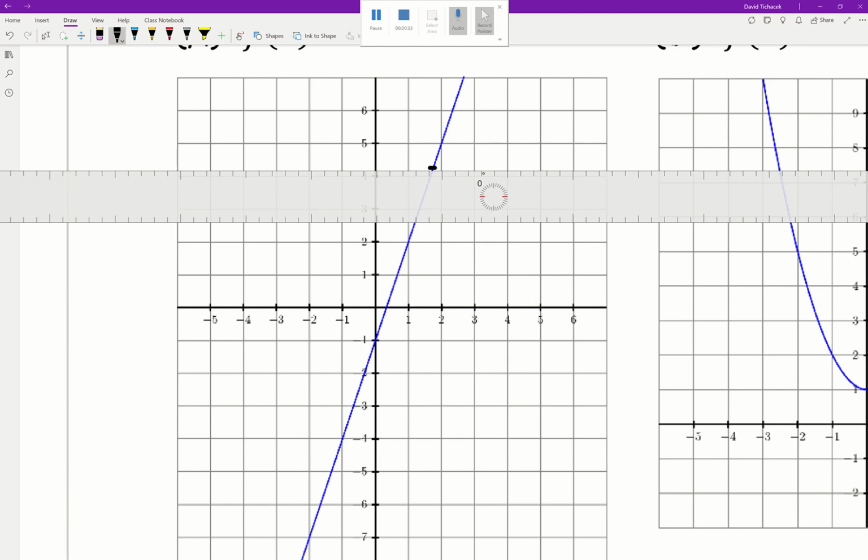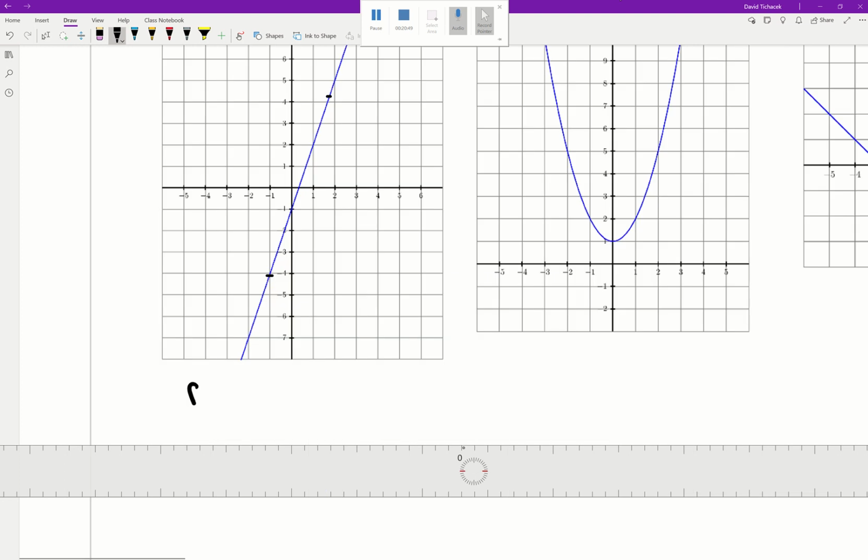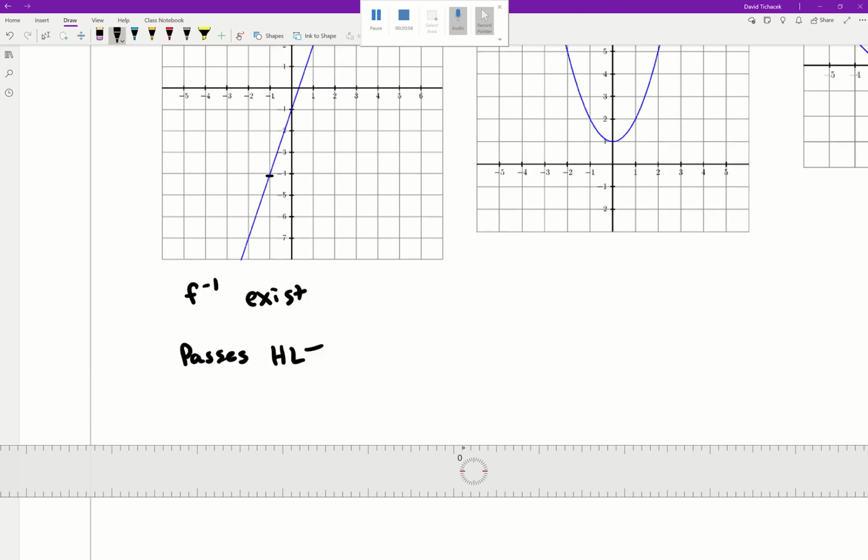If I continue to scan this through, keeping it perfectly horizontal, the only place I'm crossing is right there. I can never drag this ruler somewhere so that it's touching this graph in two places or more at once, okay? And so that means this is an example of a function that has an inverse. So I'll say that f inverse is going to exist, and that's because it passes the horizontal line test, very simply.